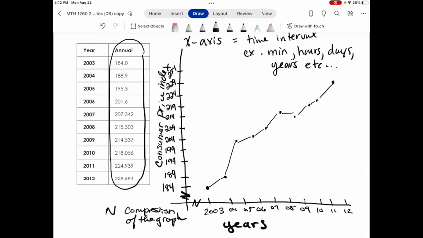Overall, it looks like it's increasing from 2003 to 2012. We do have a little dip there where it does decrease one year, but overall it increases. So just a quick review, when you're graphing anything, you want to make sure that everything is labeled. Both your axes, everything is scaled appropriately, and it's easy to read.